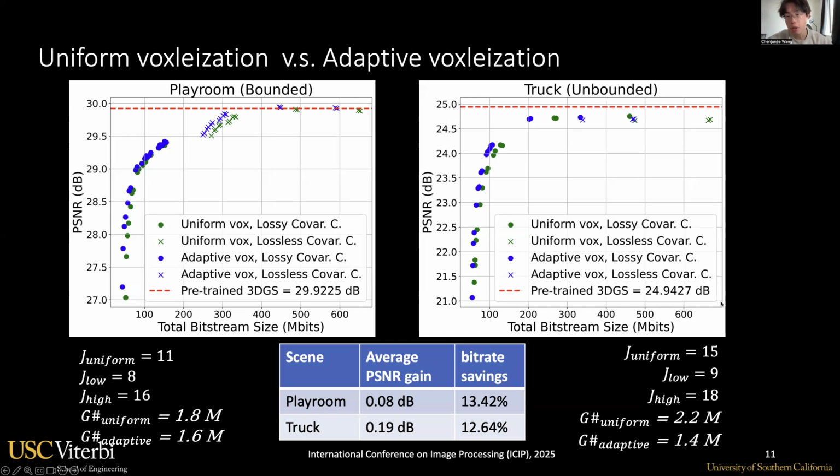The compression result demonstrates that the blue RD points are better than the green points. This improvement can be attributed to the reduction in the number of Gaussians. In the table, we report BD rate and average PSNR gain using BD rate. The adaptive voxelization saves up to 30% bitrate for both scenes and for both covariance compression modes.